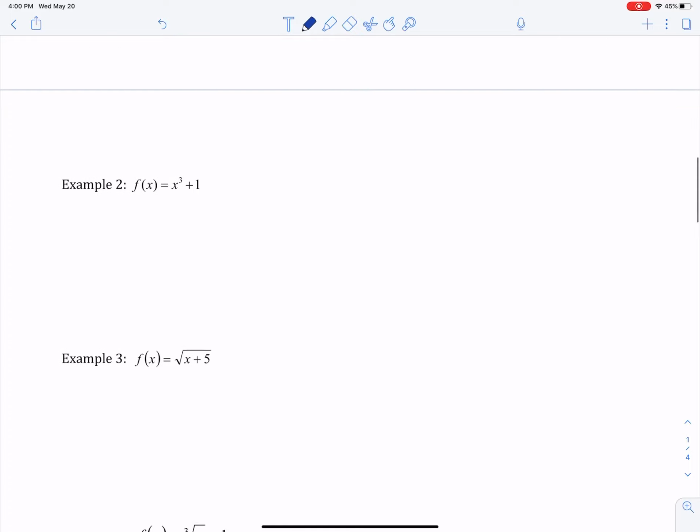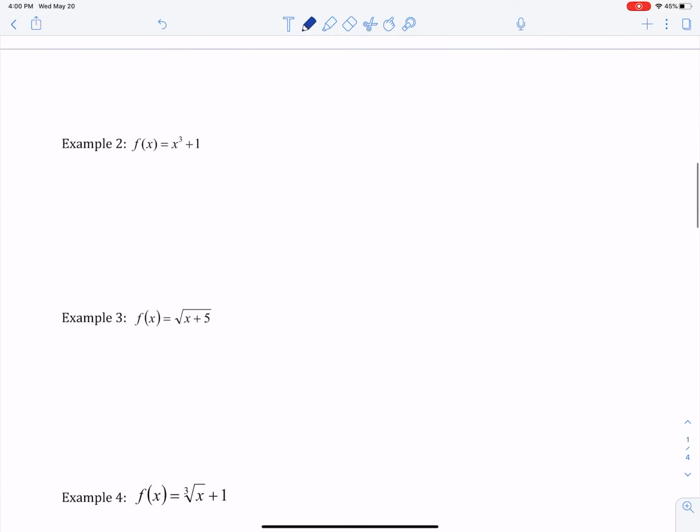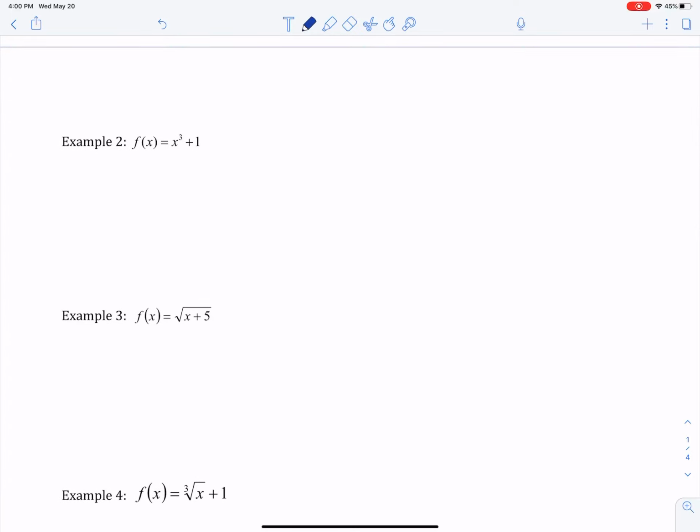Another example, f of x is equal to x to the third plus 1. Remember, step 1 is going to be replace f of x with y. Step 2 is going to be exchange x and y values.